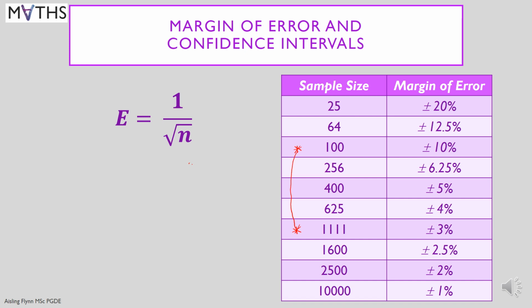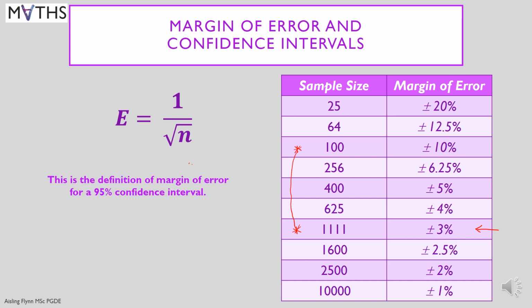So in reality, sample sizes between 100 and 1,000 would be the normal. If you can get up to 1,000, that's great. It gives you plus or minus 3%. This would be ideal. More than that gives you better statistics, but it might be difficult practically to run your study.